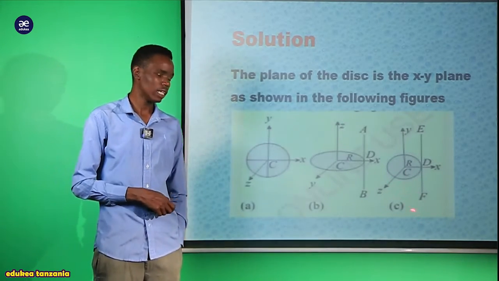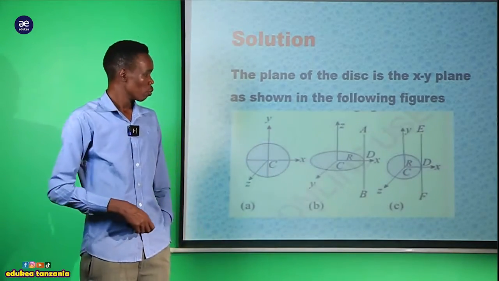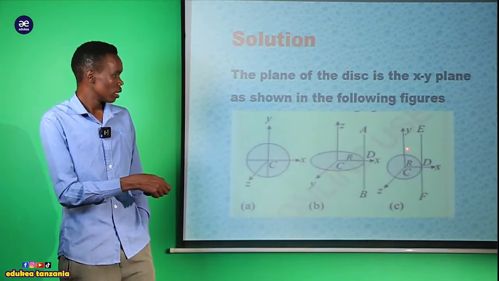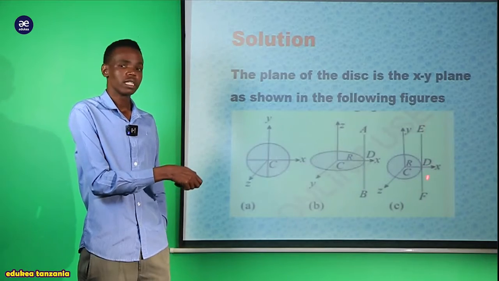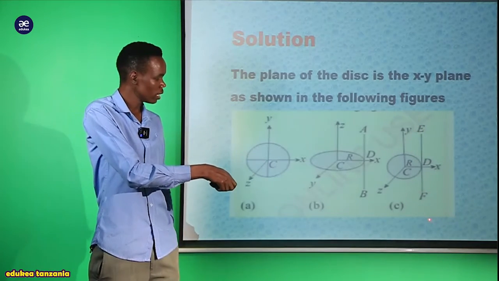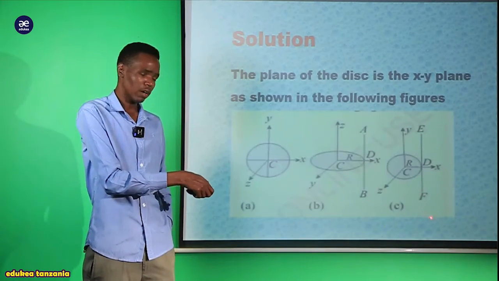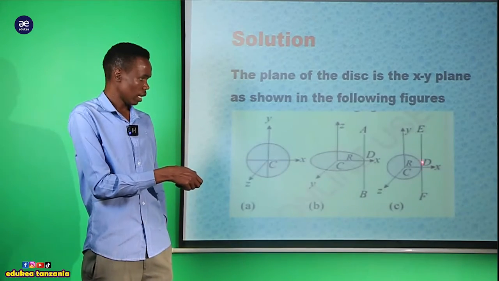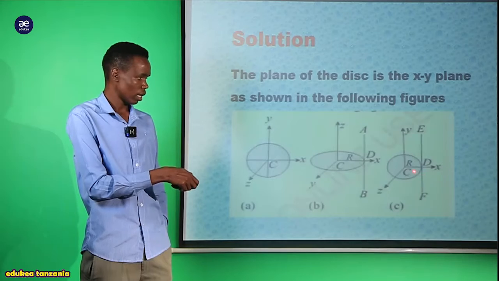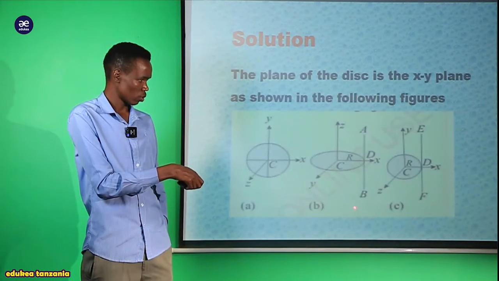But for the figure Roman C, we see that this C involves the axis, which is the parallel axis EF. This EF is located at any point of the circular disk, as we try to see.